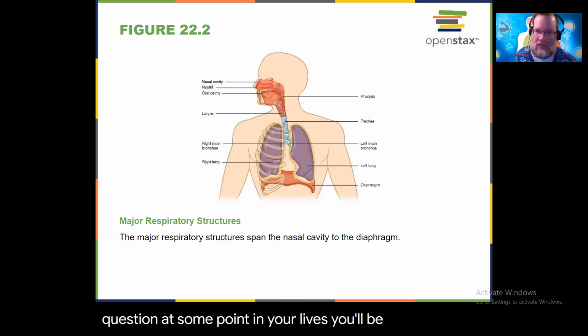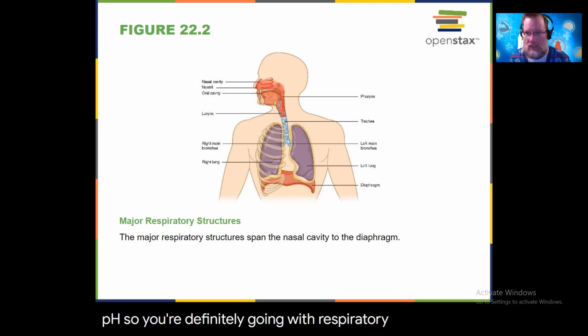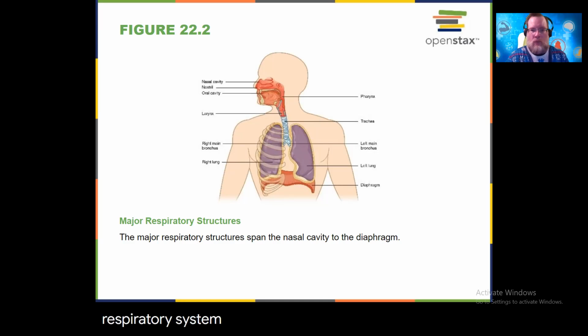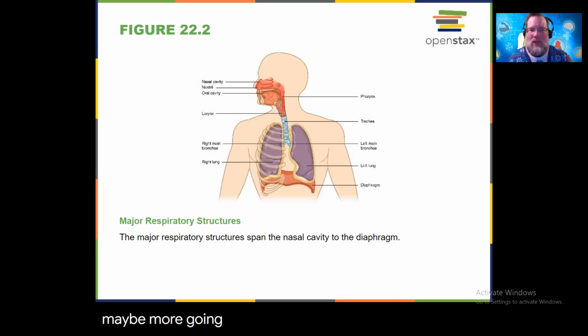You'll be asked on an NCLEX or a TEAS exam, what body system regulates pH? So you're definitely going with respiratory. Okay, the respiratory system regulates pH. It's very, very important. It's so important that we spend at least 2 weeks, maybe more, going through how pH is regulated and how the lungs play a major role in that when we get to physiology.